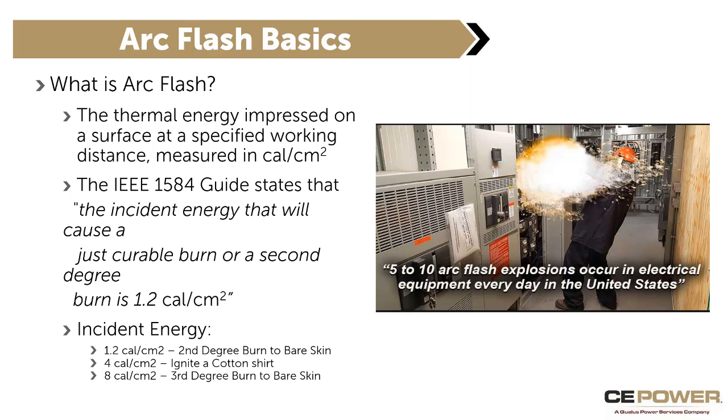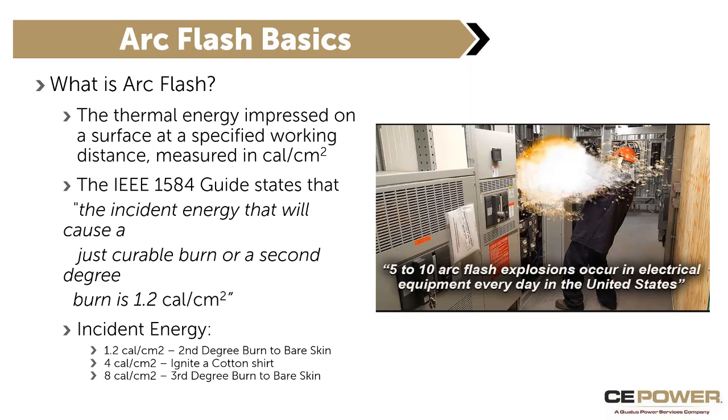And so when we do these studies, a lot of times we see calorie ratings above that 8 calorie threshold. And so this stuff can be pretty dangerous, and that's at a working distance typically of 18 inches. So what does that mean about your hands when you've got those in there? You should probably be wearing gloves because the value at that close of a distance is much higher.